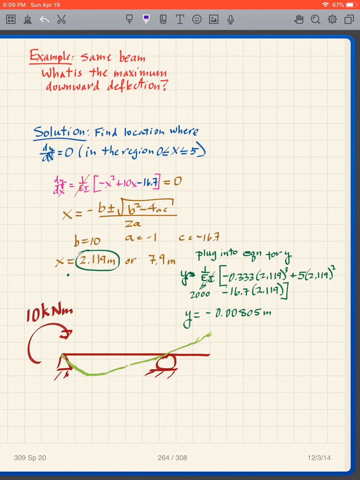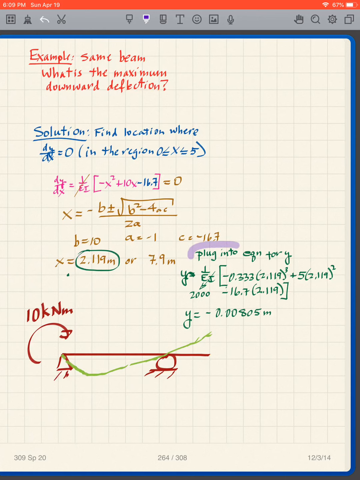Using a is -1, b is 10, c is -16.7, plugging it in, I get two answers, 2.119 meters or 7.9 meters. It's not that one because that's out of our range. So we get x equals 2.119 meters.